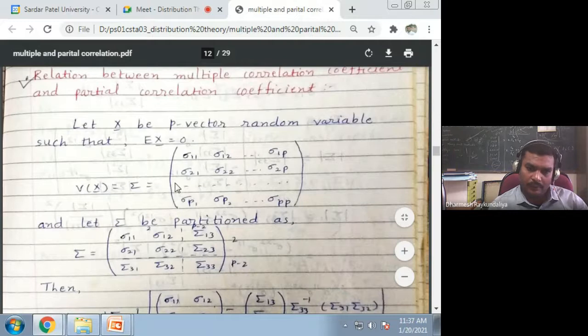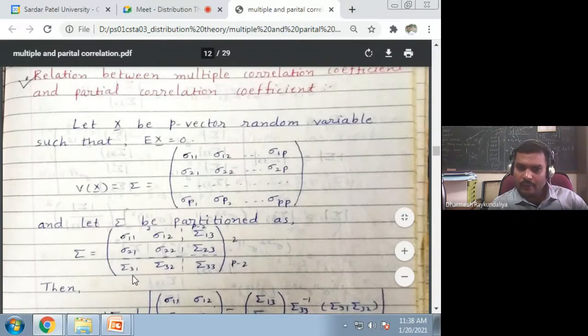p-vector random variable. Now we wish to partition this sigma matrix, so sigma 1 1, sigma 1 2, sigma 2 1, sigma 2 2, and sigma 1 3 is nothing but the covariance between x1 and the vector x3. Sigma 2 3 is the covariance between x2 and vector x3.